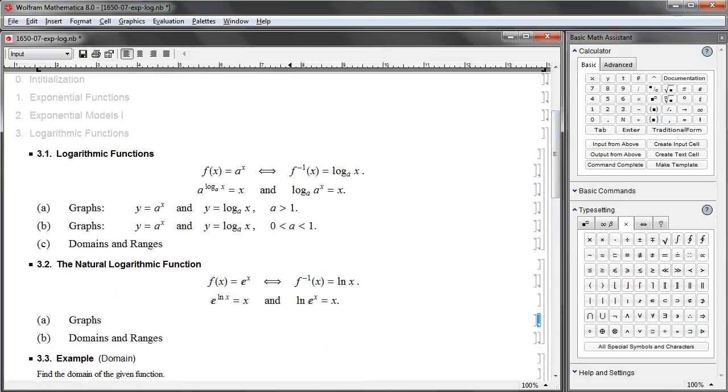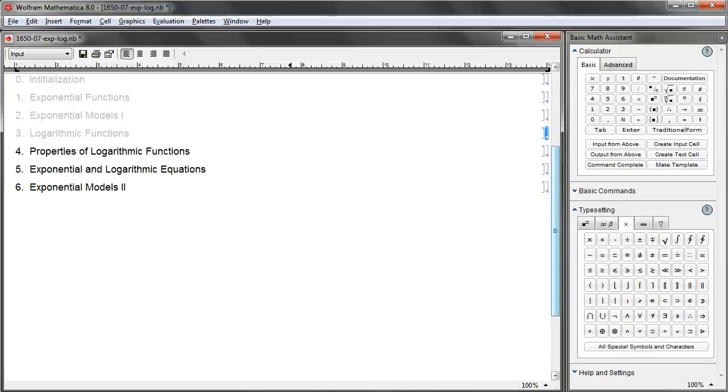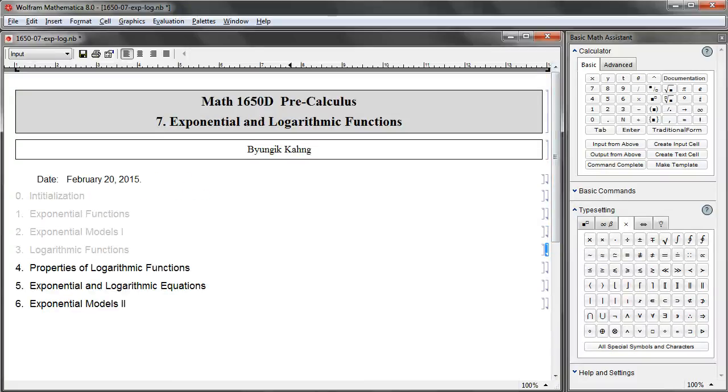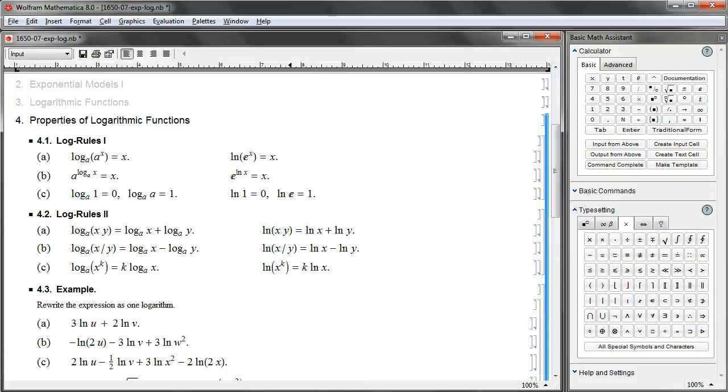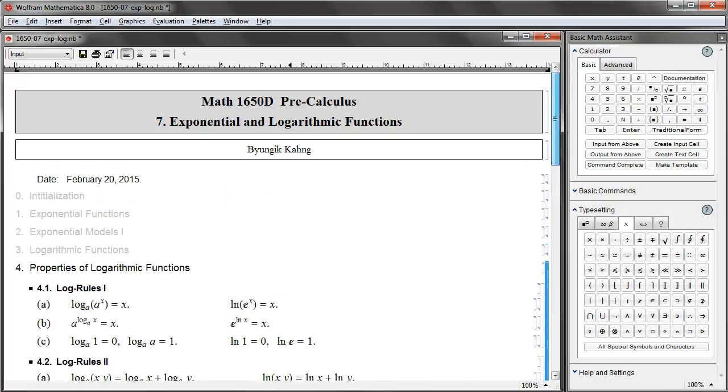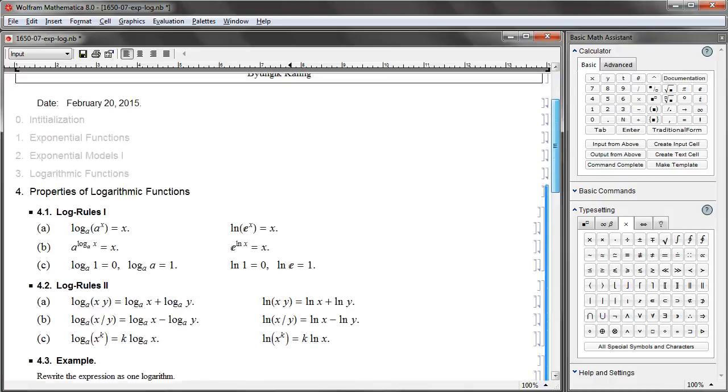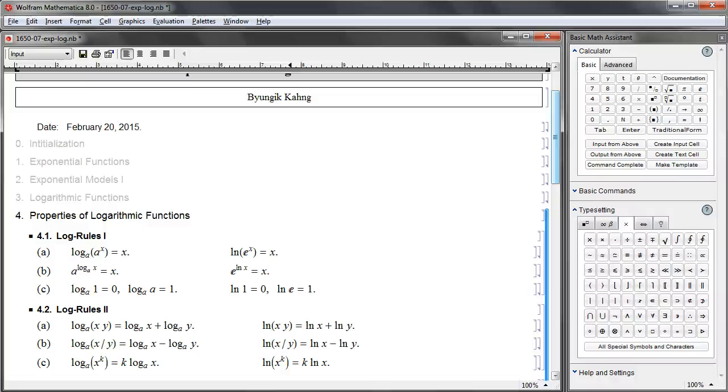Okay, now that we had a brief review of everything, let's talk about the properties of logarithmic functions, or simply log rules. And we have two types of log rules, and the second log rules are the typical log rules.